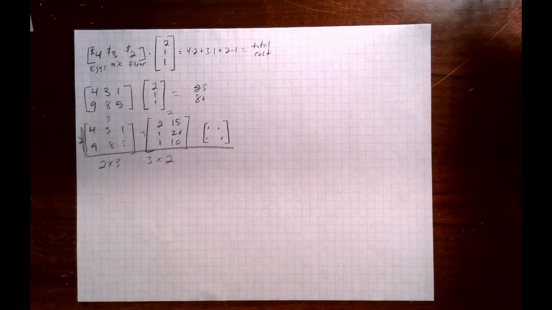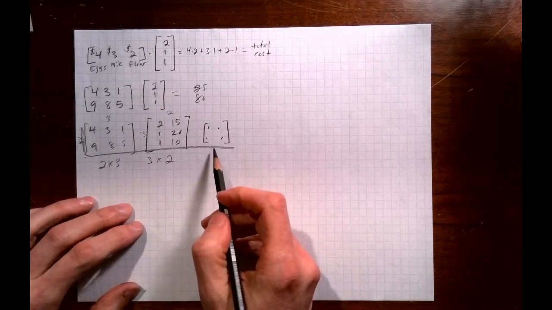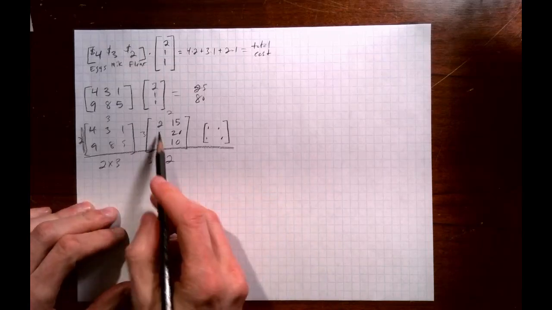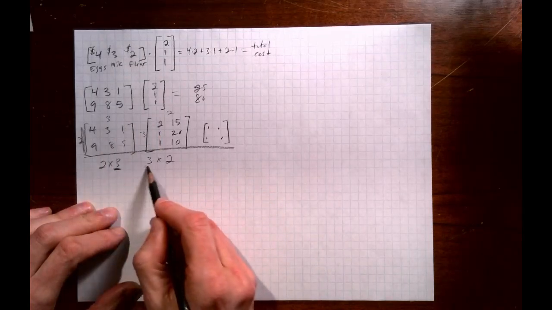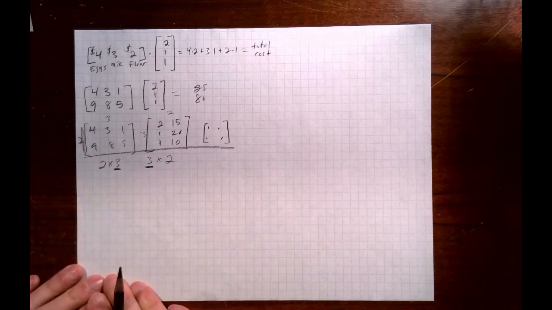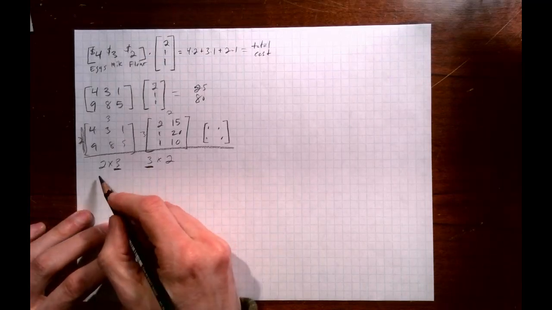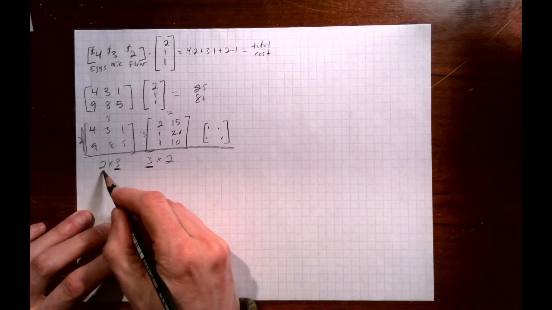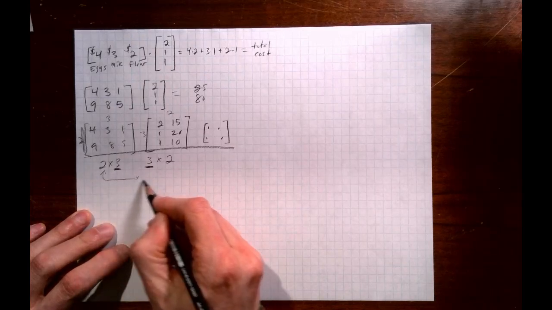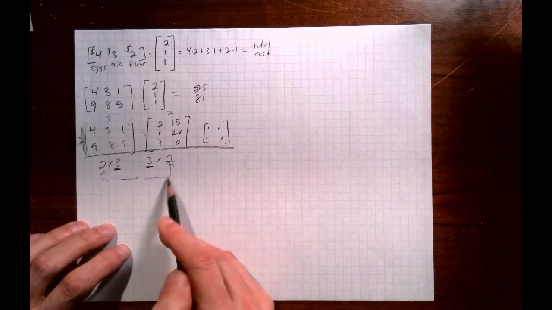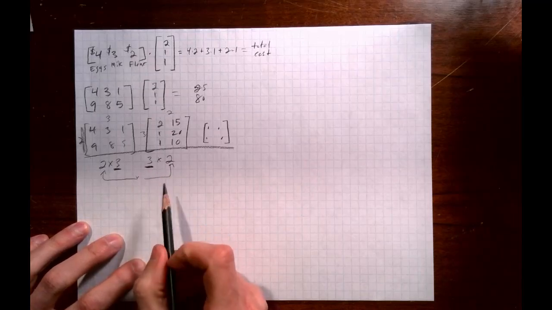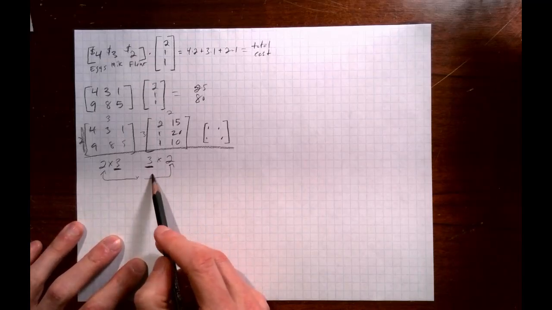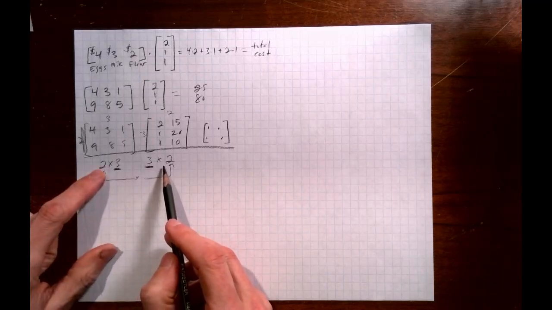Okay. So the rule is you cannot multiply matrices unless these numbers here match, right? And then the resulting matrix is going to be this by this. So this is just some rule that maybe you memorized, but I don't like memorizing rules. I want to know why things work.